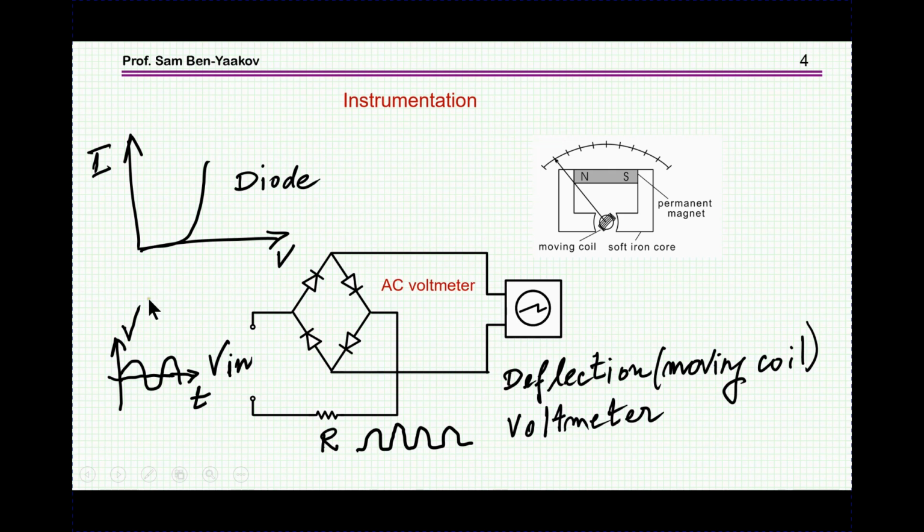However, since the diode is nonlinear in its V to I curve, the deflection, of course, will not be linear as a function of the AC voltage. Because at very low voltages, like a few millivolts, you might not have any current.